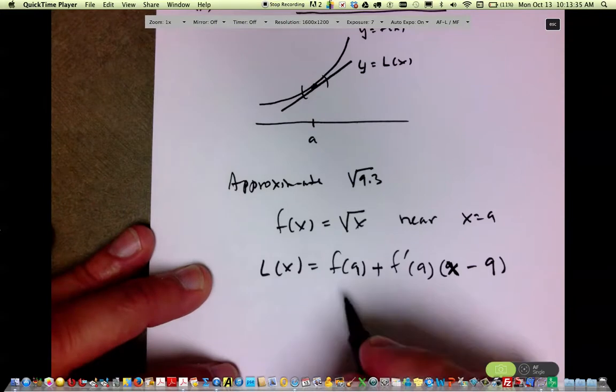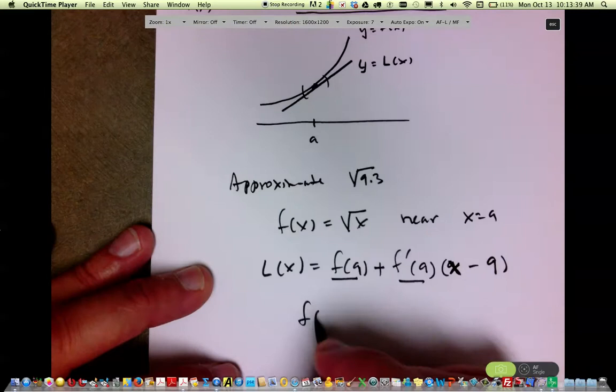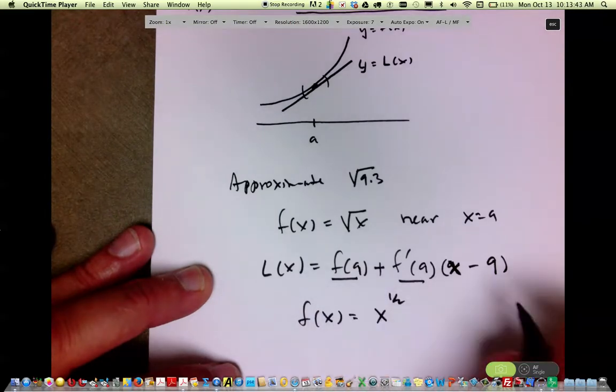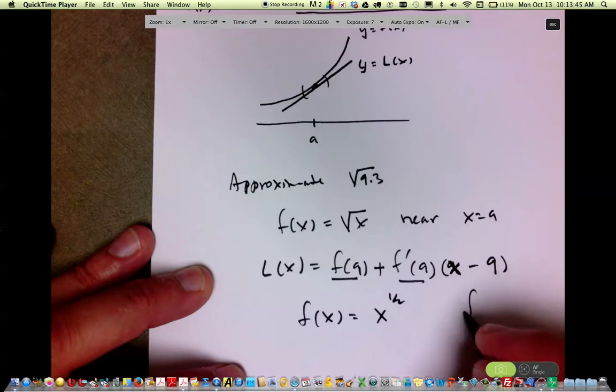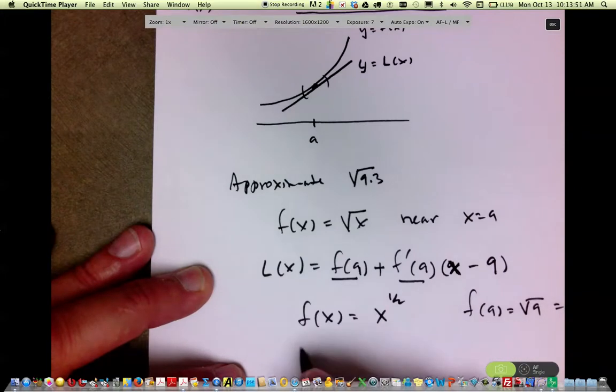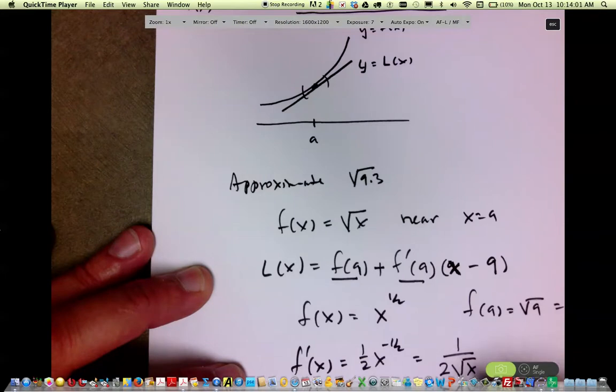So really all we get to do is find this and plug in. f of x was x to the 1/2 power, or the square root of x. So f evaluated at 9 is just the square root of 9, which is 3. The derivative is going to be 1/2 x to the negative 1/2, which is the same thing as 1 over 2 square root of x.